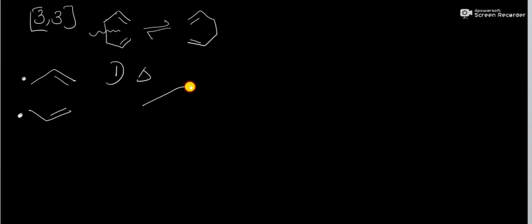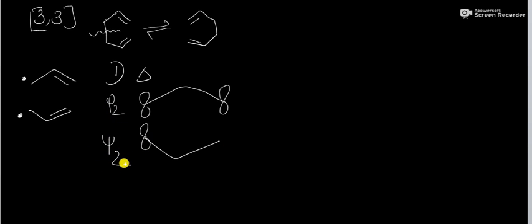Here this is the C3 system and which is HOMO. In the case of sigmatropic rearrangement reaction, we consider only HOMO of reactants. So psi 2 is the HOMO of C3 system. This is also psi 2. What is the symmetry? Psi 2 plus minus.